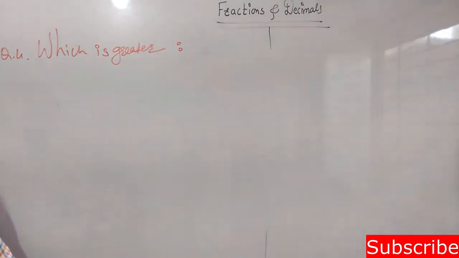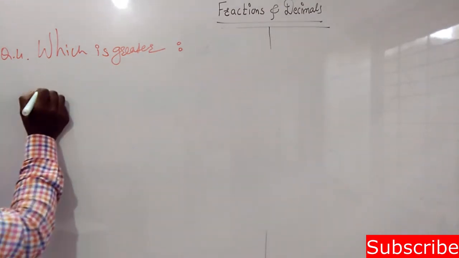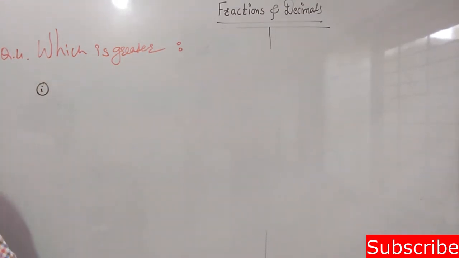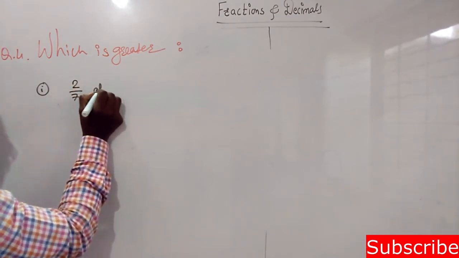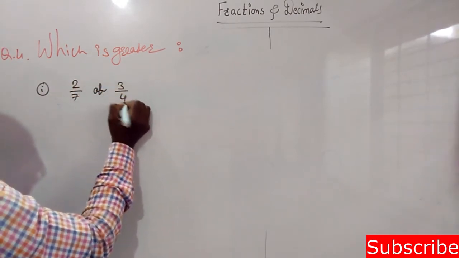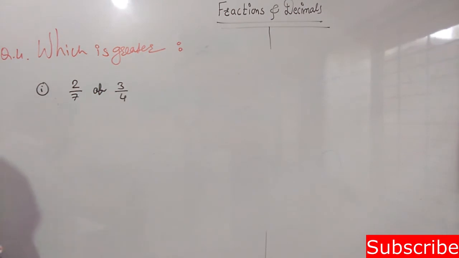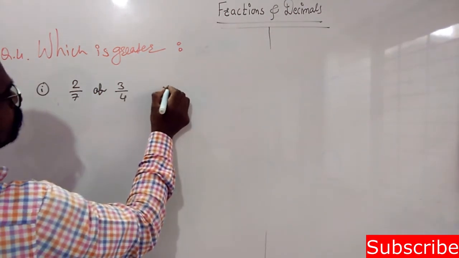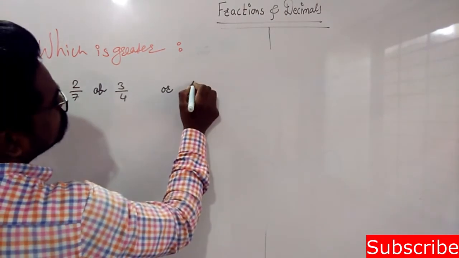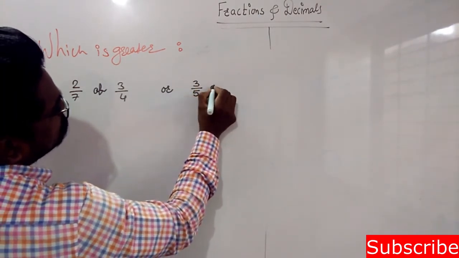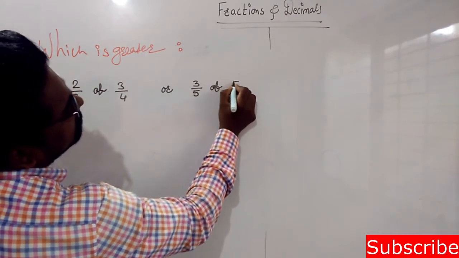In that, the first one is 2 by 7 of 3 by 4, or 3 by 5 of 5 by 8.